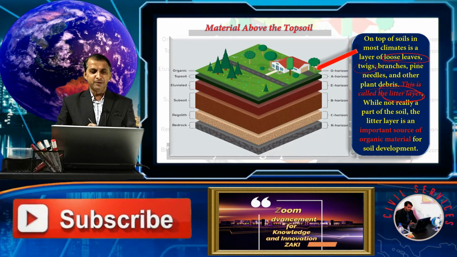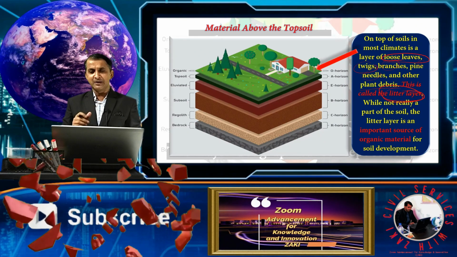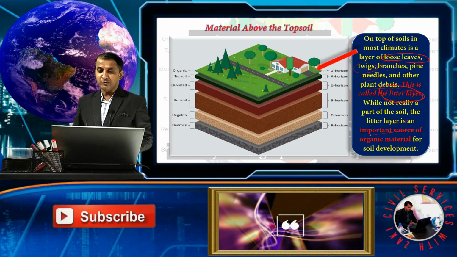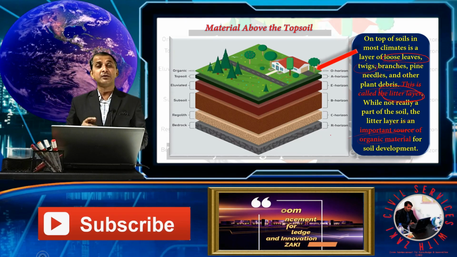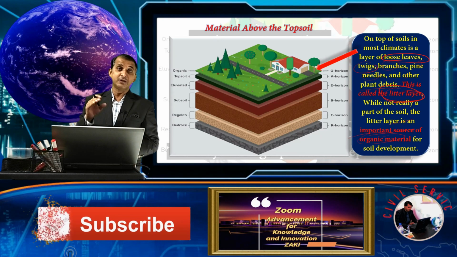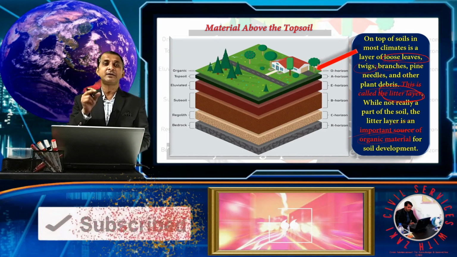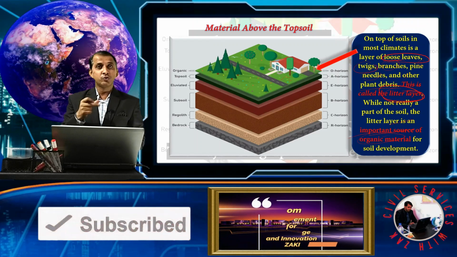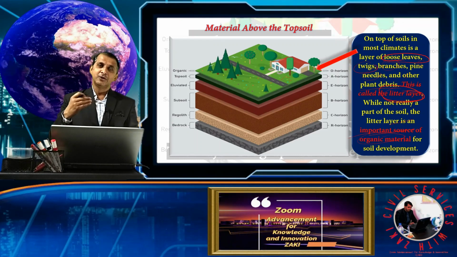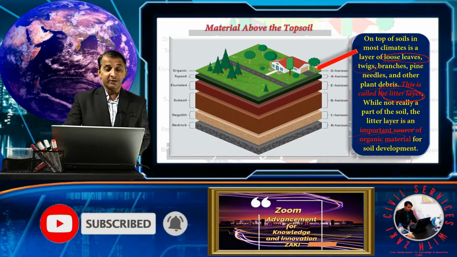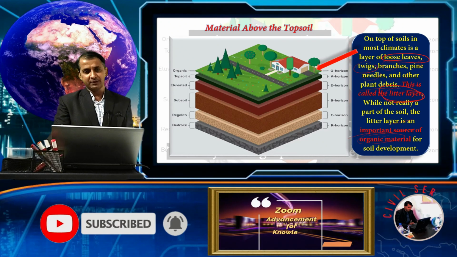It is uppermost, but not really a part of the soil, but the litter layer is a very significant and important source of the organic material, which finally mixes with our soil. So it is necessary for soil development.